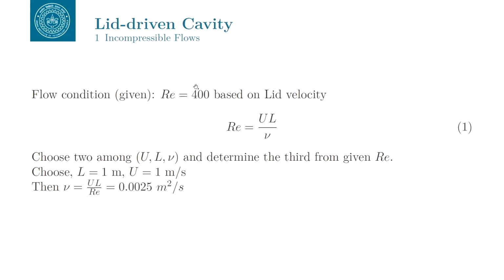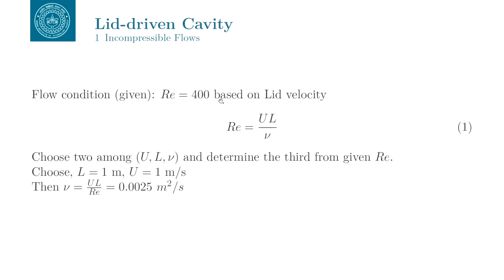If you look at the literature, this problem has been analyzed for a large number of parameters like different Reynolds number, different Mach number, different aspect ratios, different boundary conditions, where you can move 1 lid or 2 lids or 3 lids, different shapes like triangular cavity or maybe other shapes also. So, we will take a very simple problem. Top lid is moving, 3 are stationary, and Reynolds number is 400.